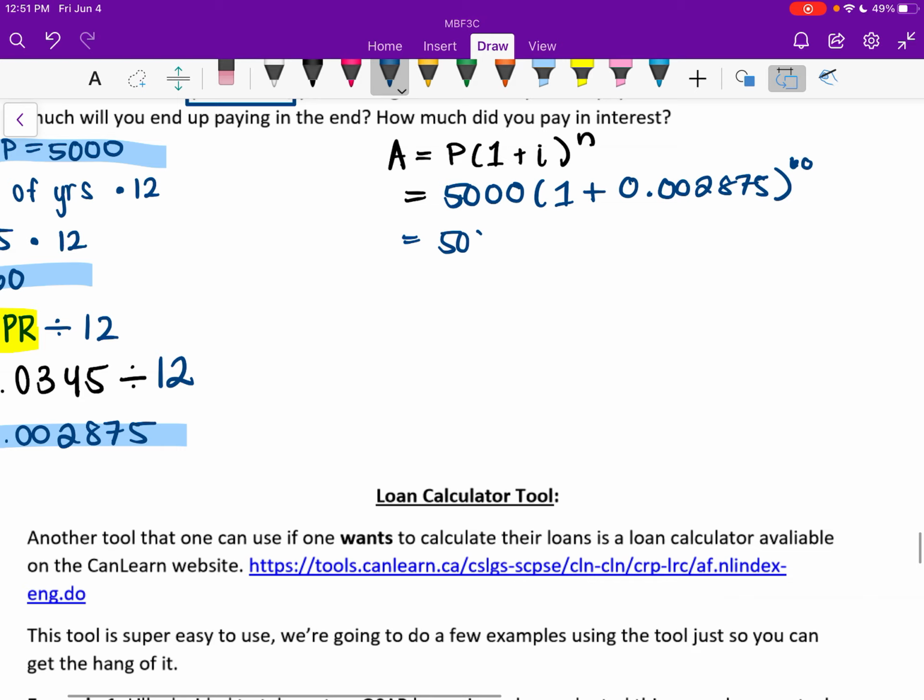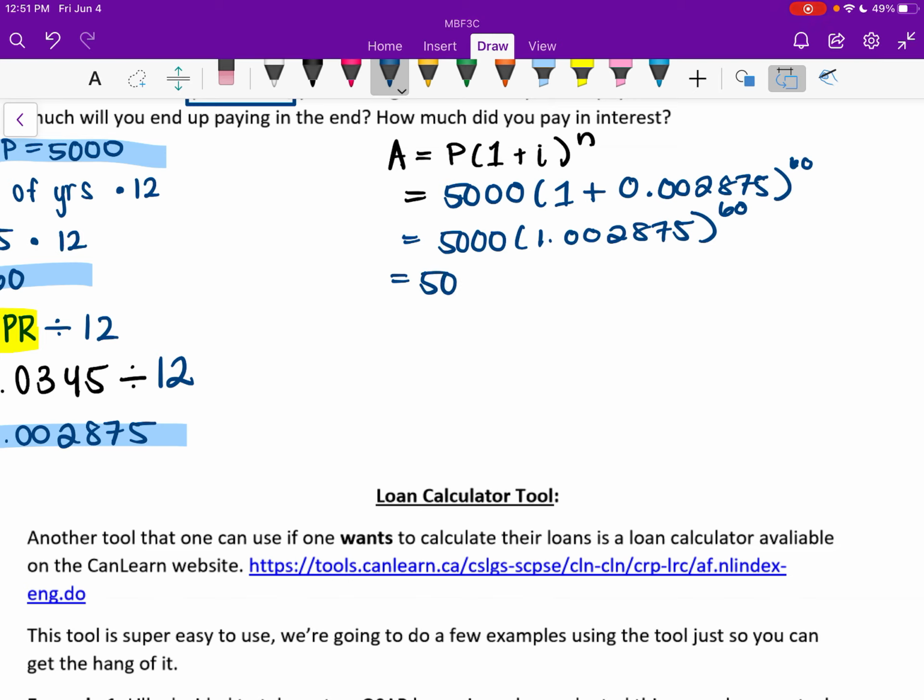Do whatever's in the bracket first, so 0.002875 plus 1 is just 1.002875, to the power of 60.